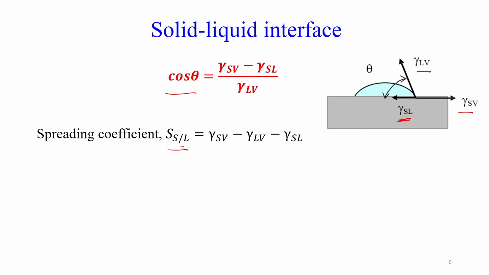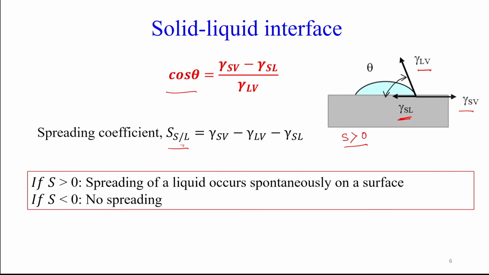So, here this criteria will remain the same. If the value of S is greater than 0, it will completely spread on the surface. If it is less than 0, there will be no complete spreading. So, this is about how the adhesion and cohesion takes place.